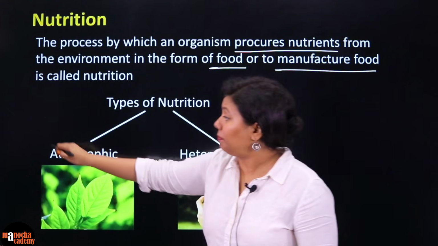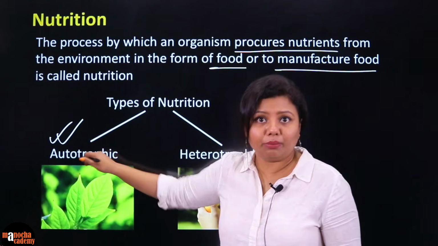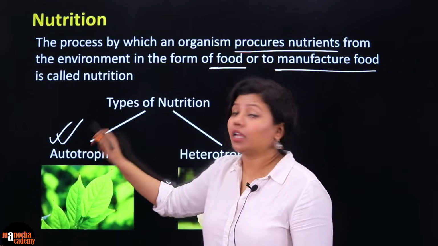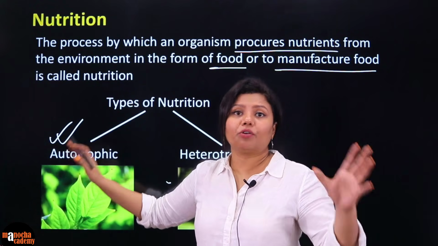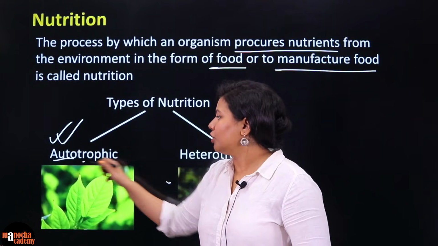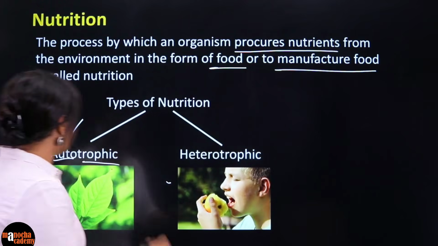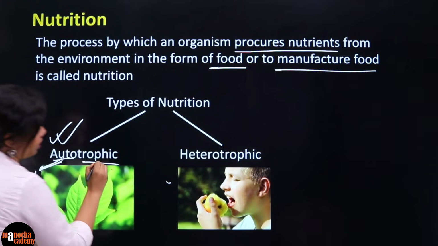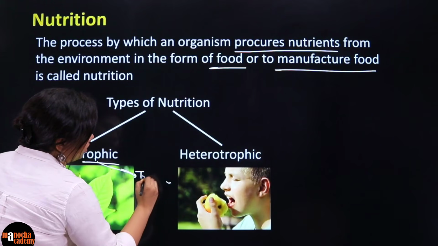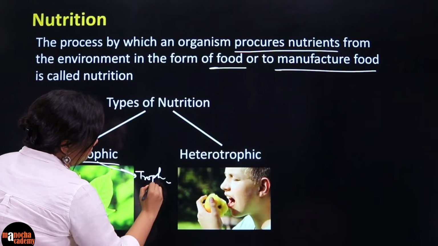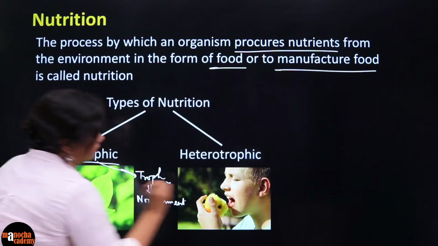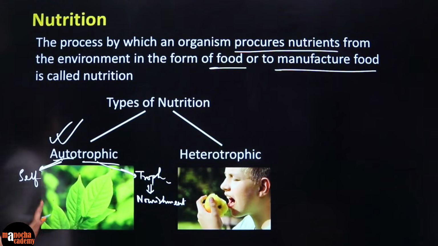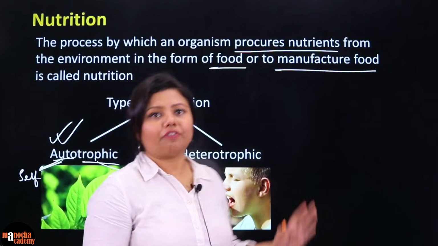If you are a plant carrying out photosynthesis, which is the topic we are going to deal with in this chapter, you are preparing your own food, then you are autotrophic. The word auto means self, and trophic comes from the word troph, meaning nourishment or to feed. So autotrophic means someone who feeds himself or herself or itself.